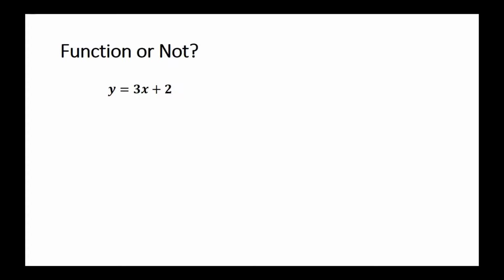Each x value has its own y value. So this is a line with a slope of 3, which means it's not a vertical line. Therefore, it is a function. Each x value has its own distinct y value.